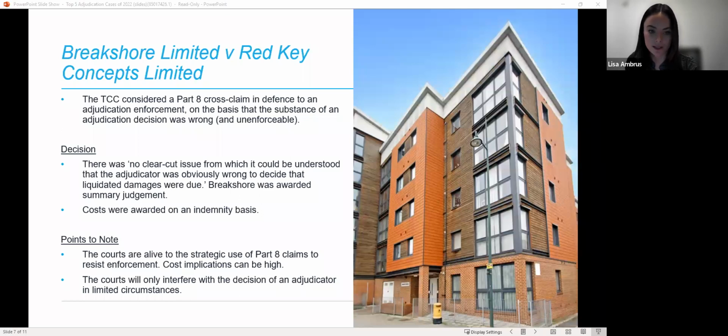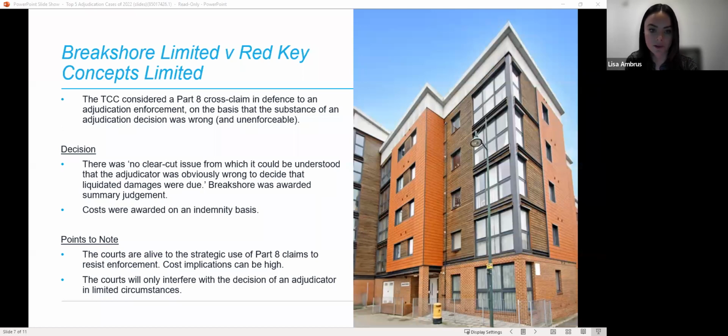However, Red Key refused to pay, leading Reakshore to seek enforcement of the adjudicator's decision at the County Court in London by way of a Part 7 claim. In turn, Red Key raised a Part 8 claim, resisting enforcement of the adjudicator's decision. So just to give a brief comment on Part 8 claims, under the civil procedure rules in England and Wales, Part 8 claims are an alternative way of raising court actions to the standard Part 7 route.